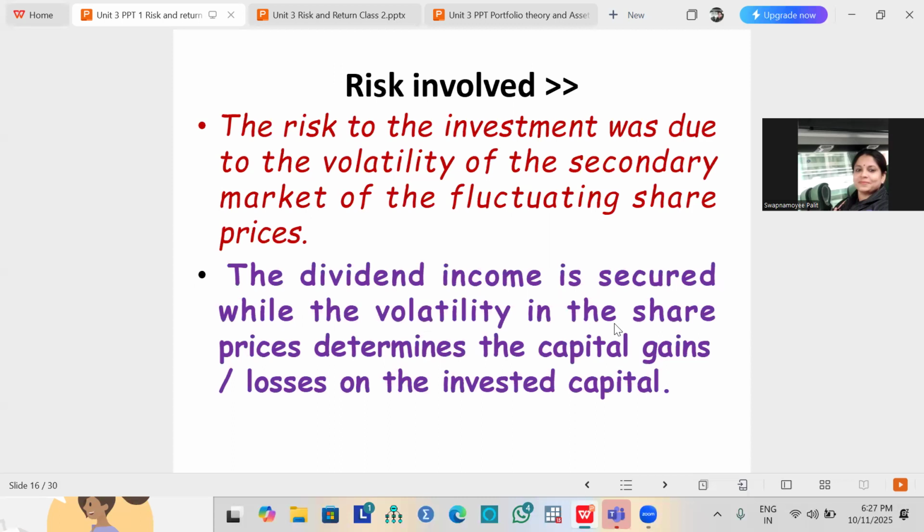This risk comes mainly from the capital gain or loss side, because your dividend part is secure, depending on the dividend policy of the company. We looked into that prior to the exam as well. Depending on the payout ratio, your dividend part is secure, but what is volatile is the capital gain part.